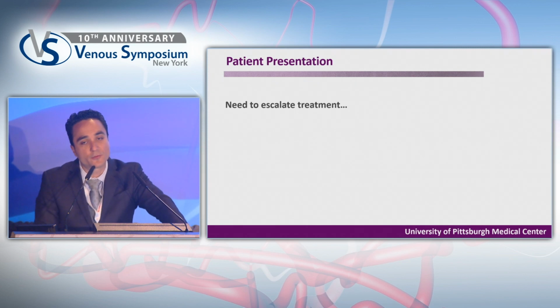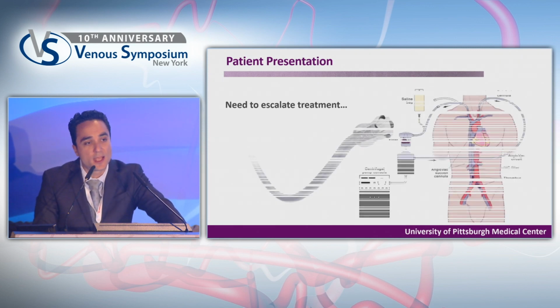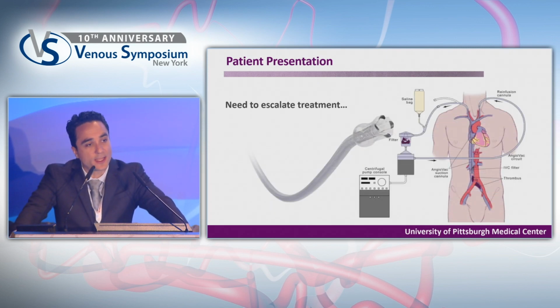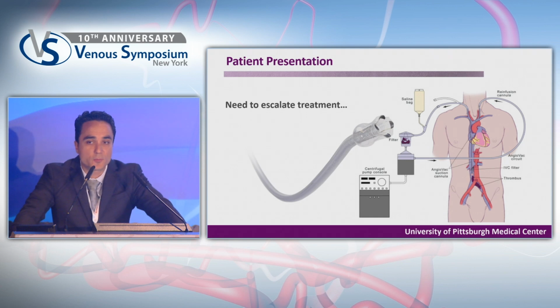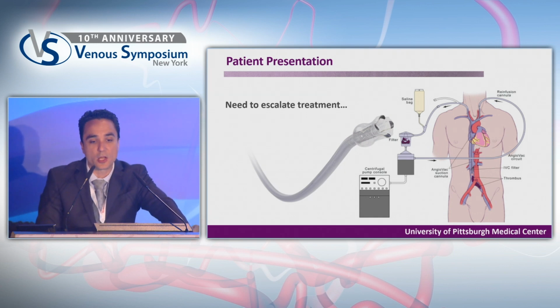And when you're looking for powerful suction thrombectomy, the AngioVac is the most powerful system we currently have to aspirate large particles of clot. The AngioVac system consists of the AngioVac cannula and the AngioVac circuit. It's an extracorporeal circulation practically with the filter in between to hold the clot.